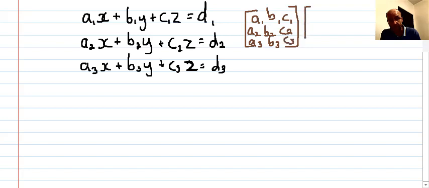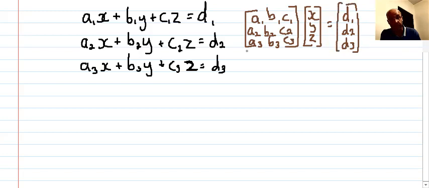We also have our column matrix of the variables x, y, and z. And we have our solutions matrix D1, D2, and D3. So that's the equivalent system of equations in matrix form.